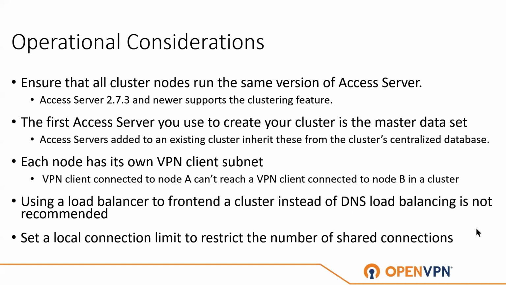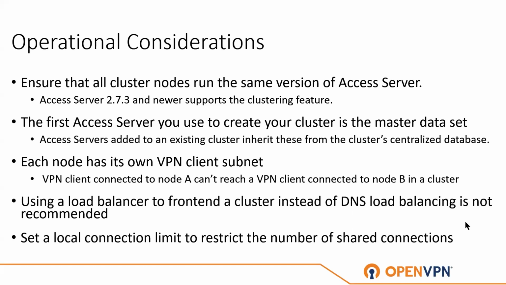And lastly, because all these connections are being shared, if you are using the same subscription activation key among all your cluster nodes, you may want to control the number of subscriptions a bit more stringently.